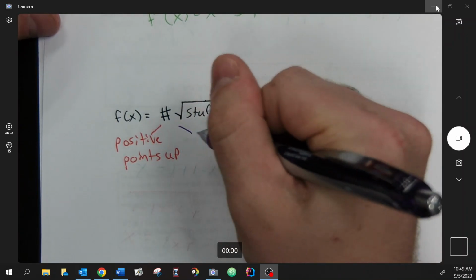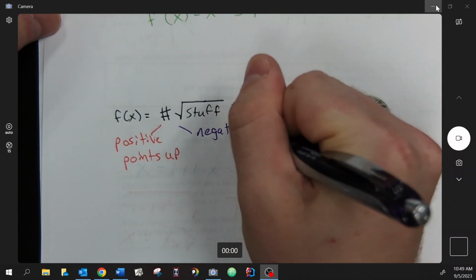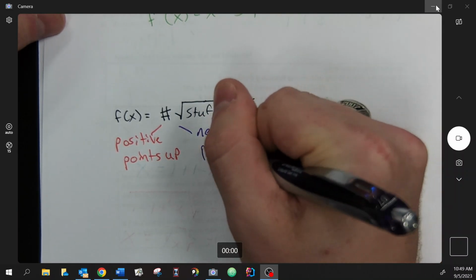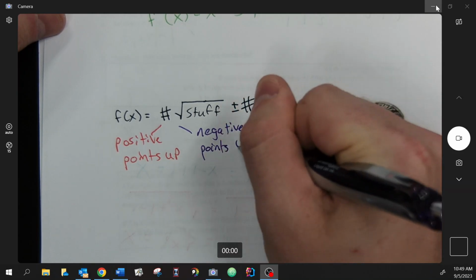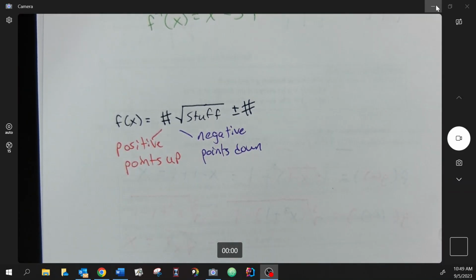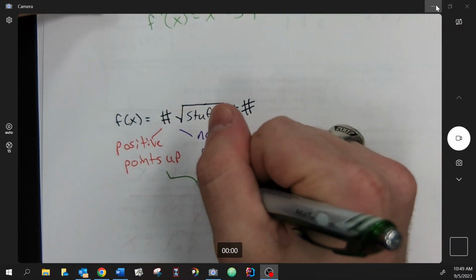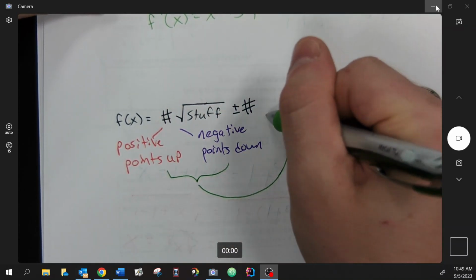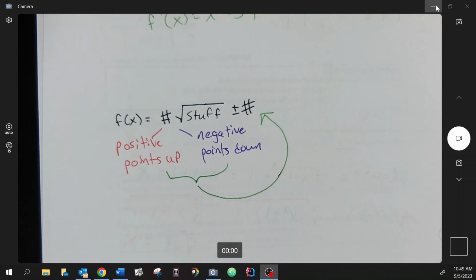If this number is negative, this graph points down. From where? From that number. Up from that number or down from that number. Whatever that number is. This is how you get the range of the square root graph.